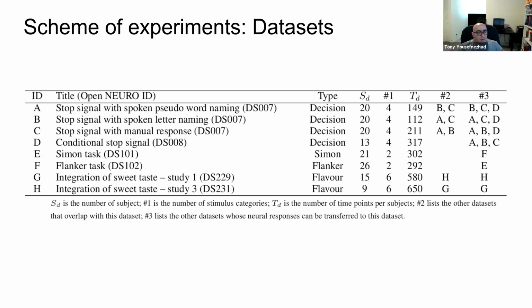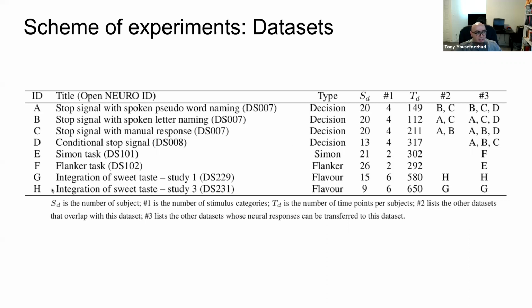And the last two data sets have different levels of sweetness. You drink water with different sweetness levels, like 0 calorie, 100 calorie, 50 calorie, and so on. We have some common subjects between them but different time points. This is our flavor data set.